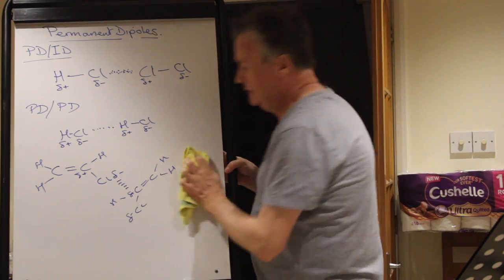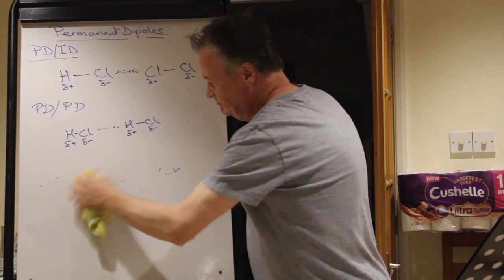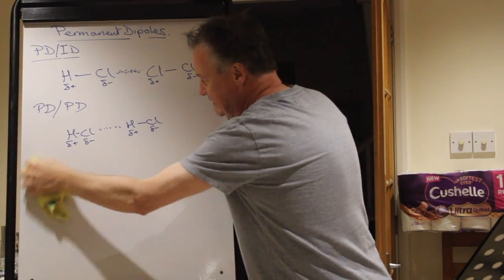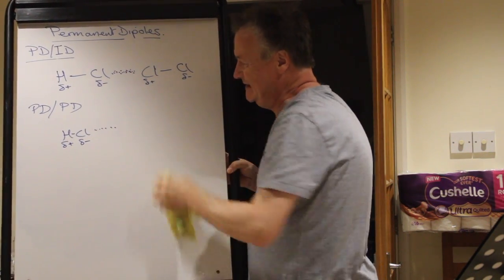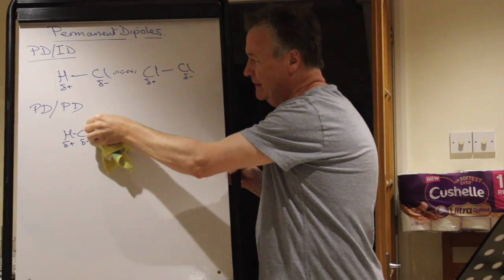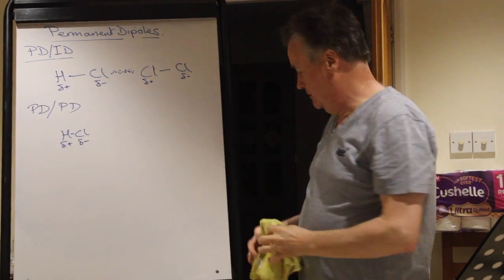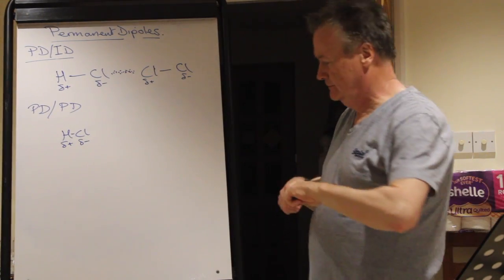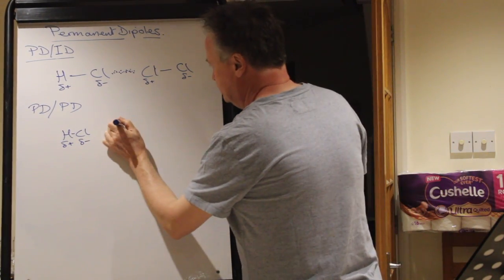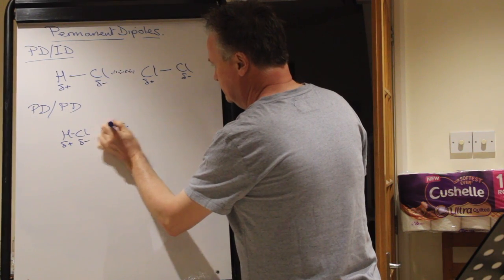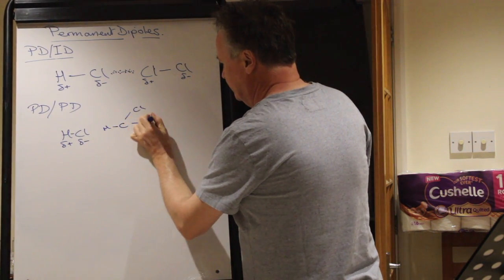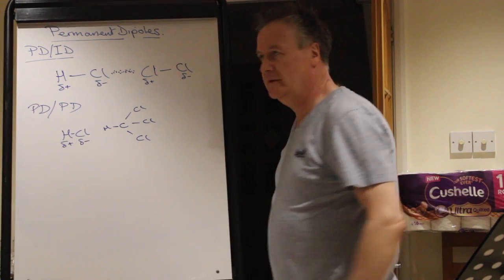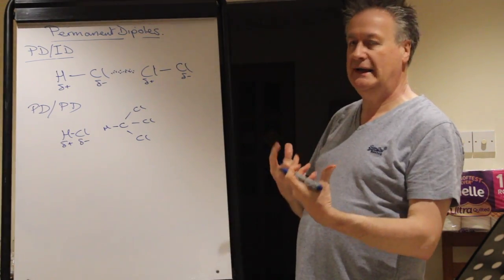So I'll take this one out of the way because it's a bit of a clutter. Now if we take that out of the way and pick a different molecule, here's an example of a molecule that's got 3 electronegative atoms.